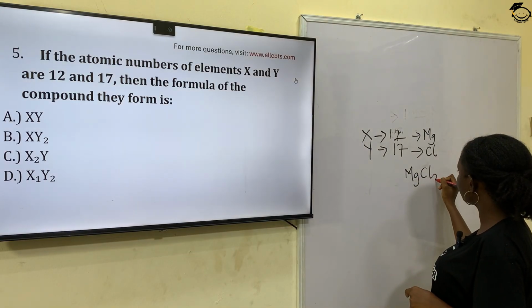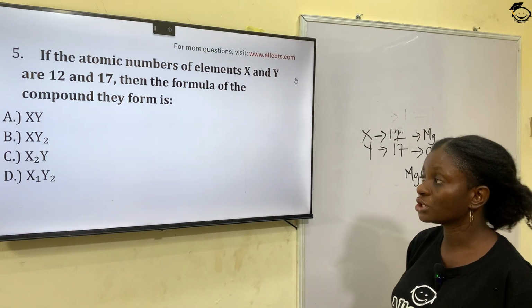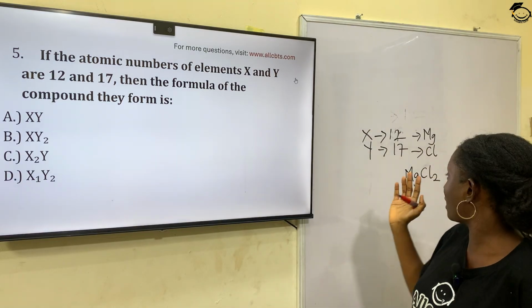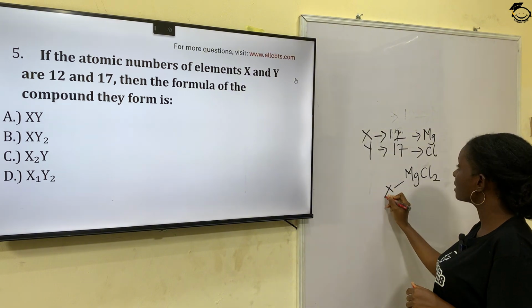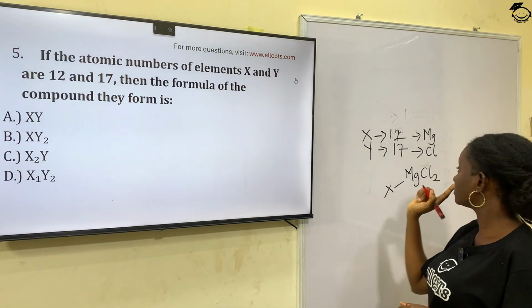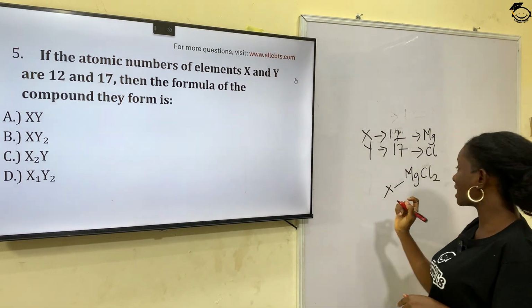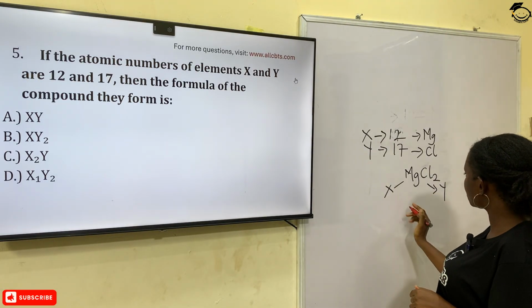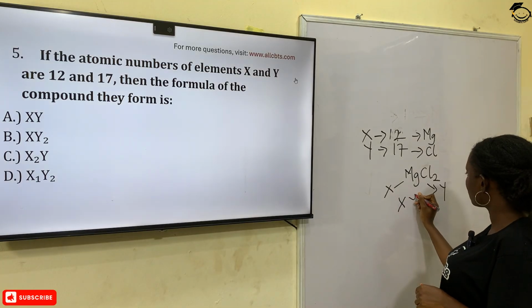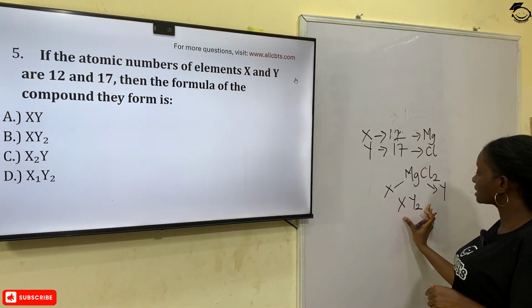That's MgCl2, magnesium chloride. So our magnesium initially represents X. Then our chlorine represents Y. So combining the two, we have X, Y, 2. That's XY2.